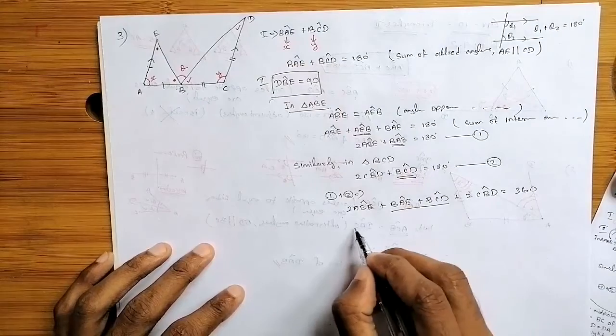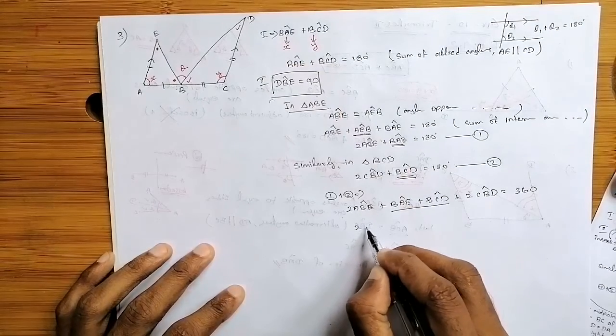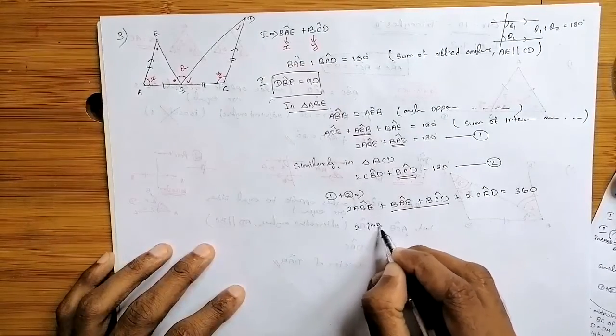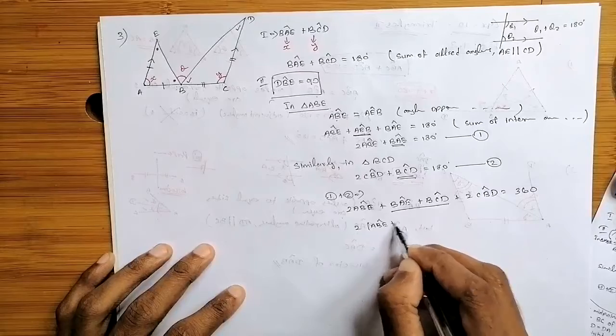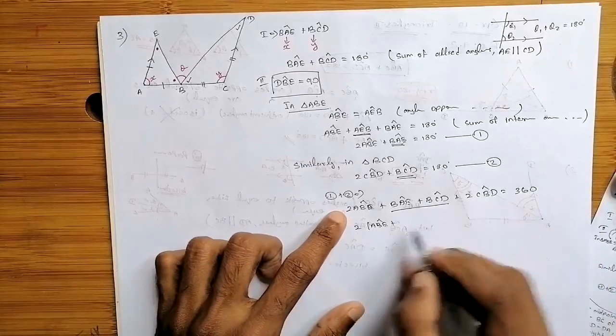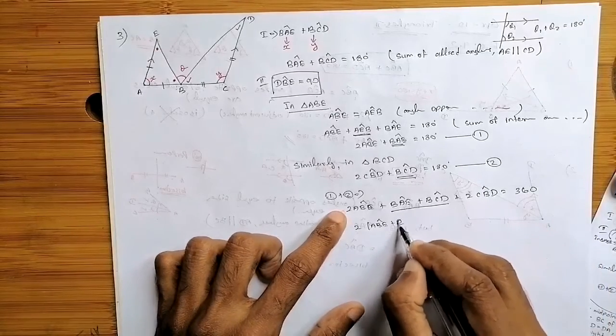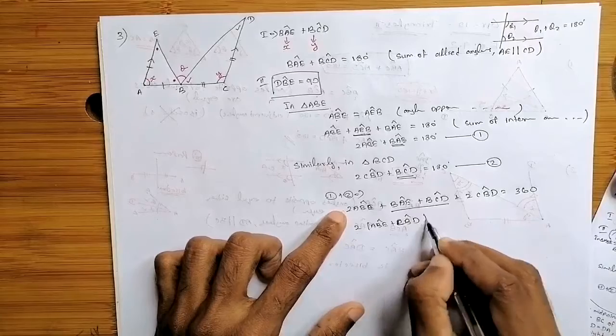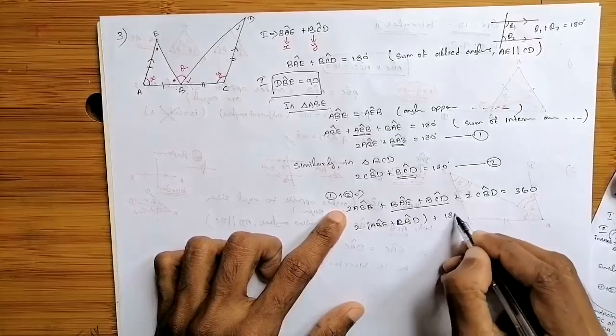So substitute it. 2ABE plus, taking 2 common from these, 2 CBD, plus 180.